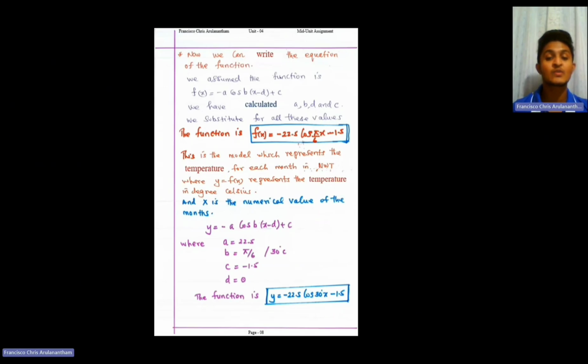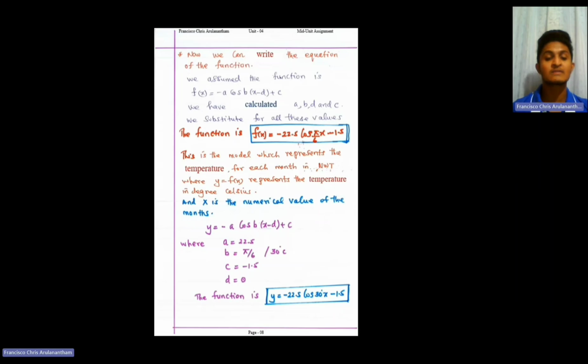This is the model which represents the temperature for each month in NWT, where y equals f(x) represents the temperature in degrees Celsius, and x is the numerical value of the months.